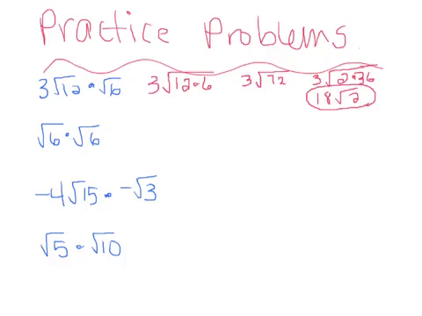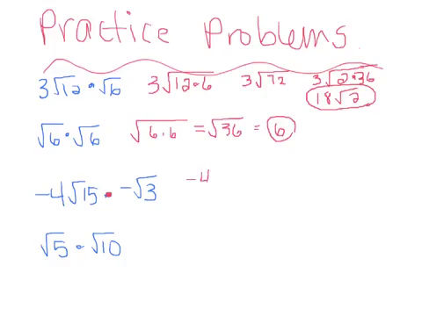Okay, square root of 6 times the square root of 6. Pretty simple. On this next one, we learned that that's multiplication. So here I'm multiplying two radicals.